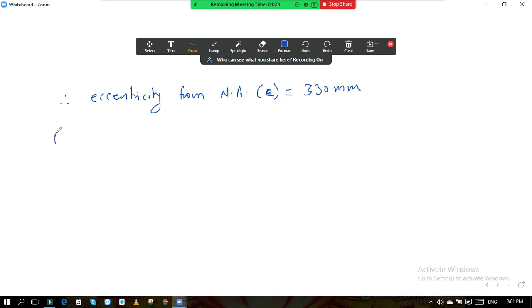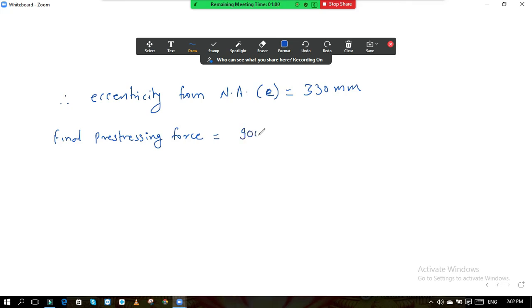Now, final prestressing force. So how will we calculate the force? Force is nothing but stress into area. What is the stress in the steel?